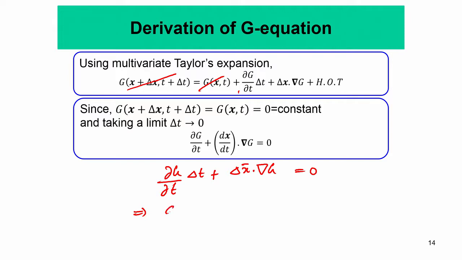If we take delta t downstairs, what is this delta x by delta t? This is nothing but the rate of propagation of the surface itself.